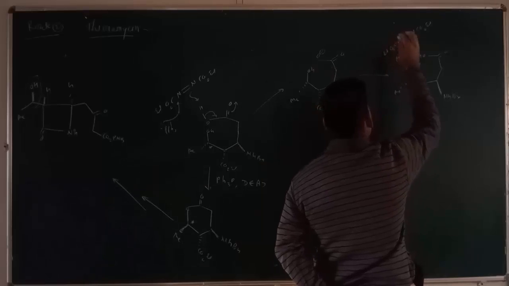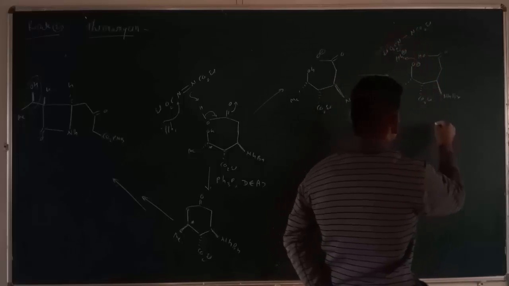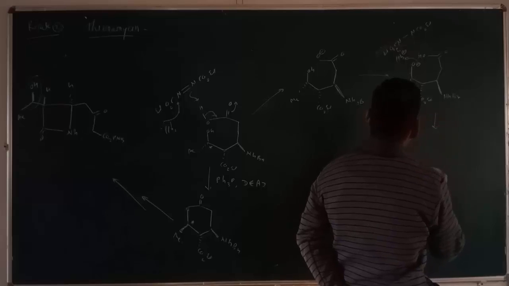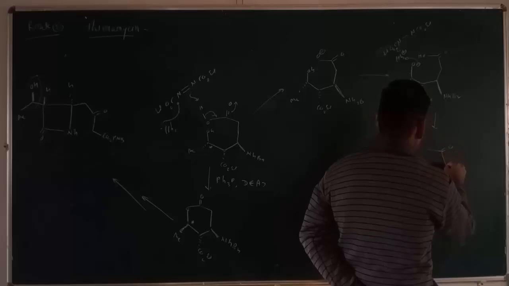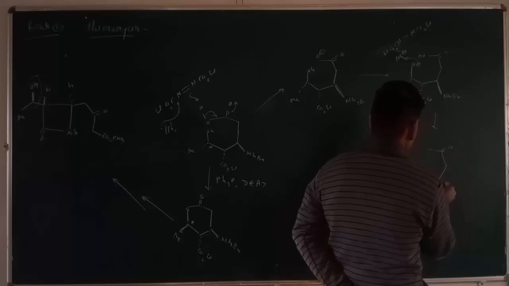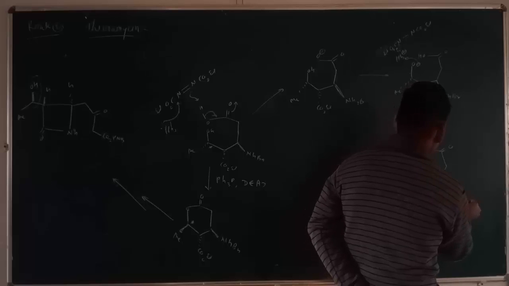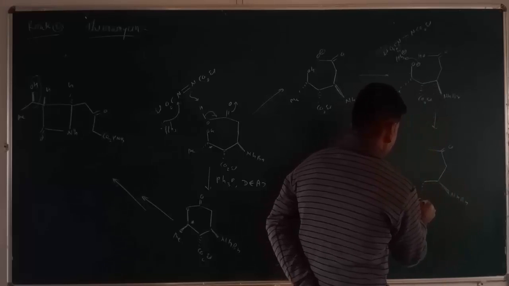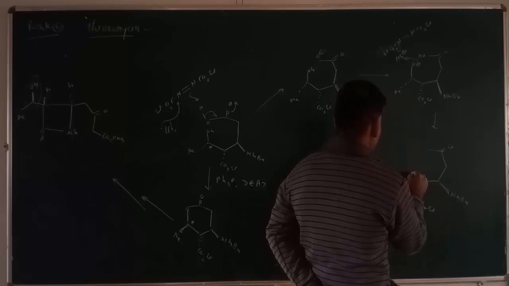So this O minus will attack on this triphenyl phosphine, and it will remove this group here, and what we get is a molecule like this: CO2, CH2, then here is CH2, and this is NHBN, CO2Et. Then this is a methyl group.